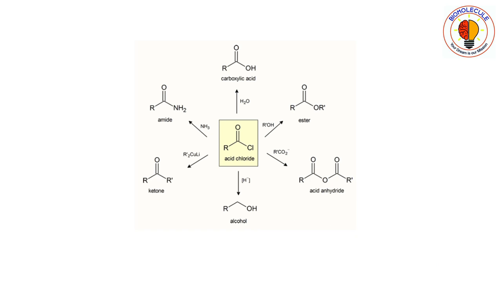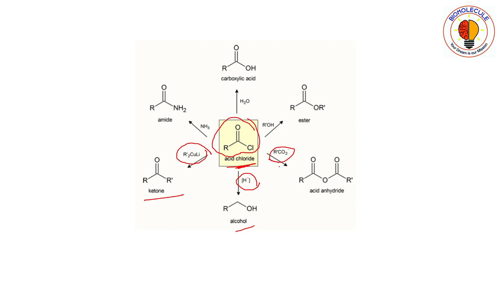Here now I'd like to check with you this acyl chloride. If you give here a Gilman reagent, you will get ketone. If you reduce it, you will get alcohol.